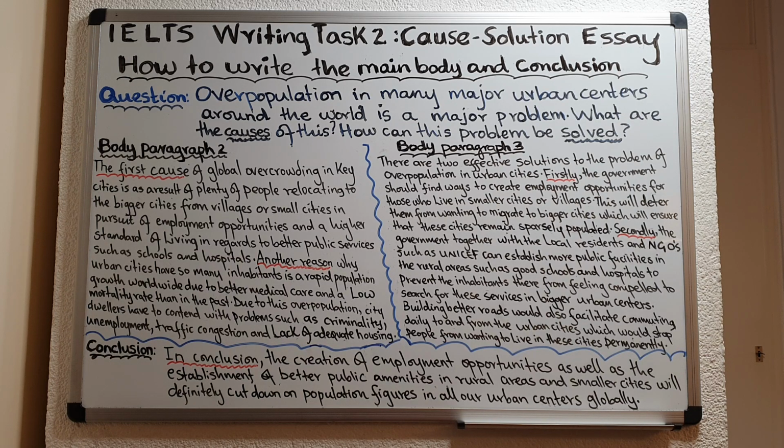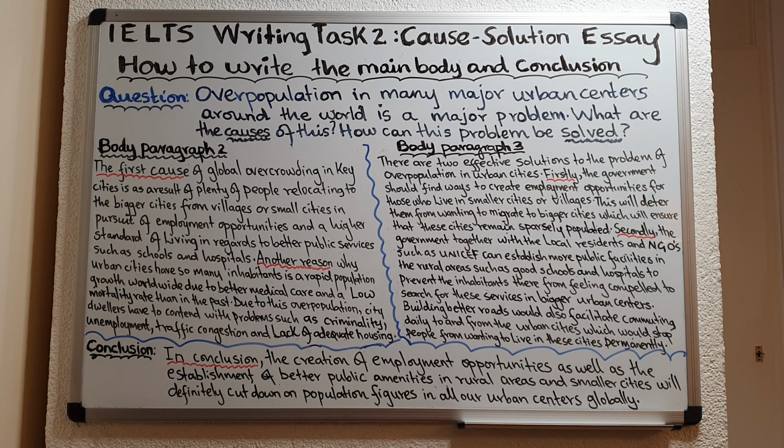There are 2 effective solutions to the problem of overpopulation in urban cities. So I make it very clear to the examiner. I'm going to write two solutions. So I encourage you to copy that sentence. There are 2 effective solutions to the problem of overpopulation in urban cities. So that is a topic sentence because it tells the examiner what the rest of the paragraph is going to be about. And now I'm about to introduce my first solution.